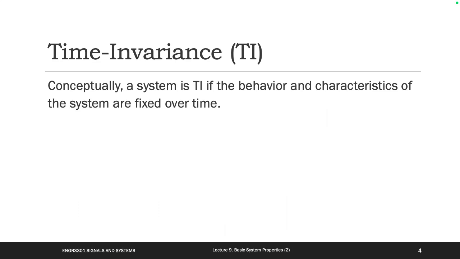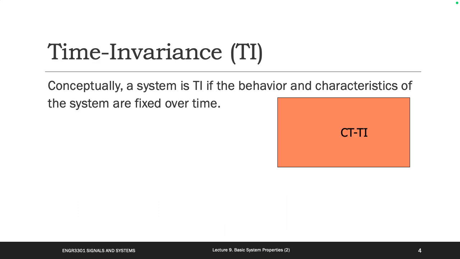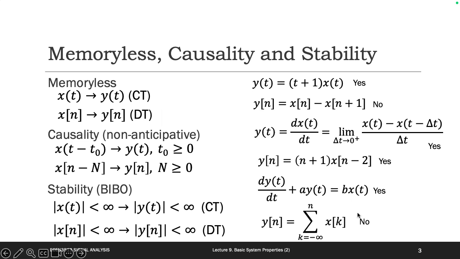For example, this is a CT system, but it is time invariant, which means your x(t) decides the y(t), and your x(t minus t0) decides the y(t minus t0). This property, actually I talked about the RC circuit system, is a TI system, an LTI system.